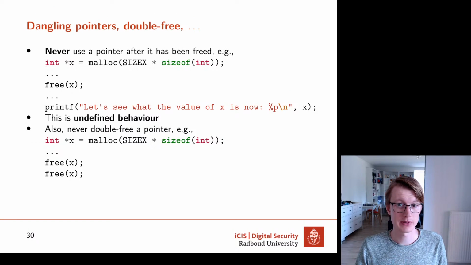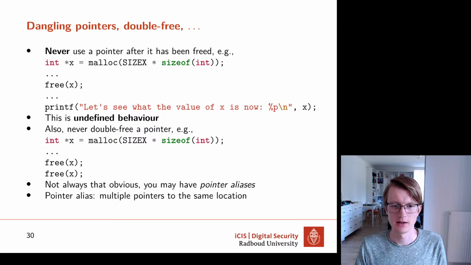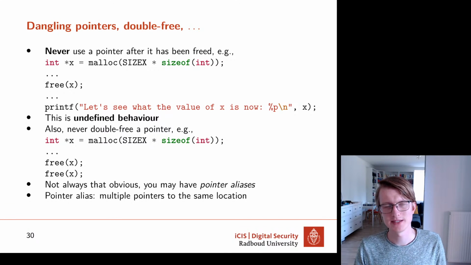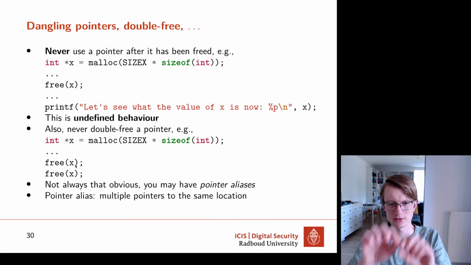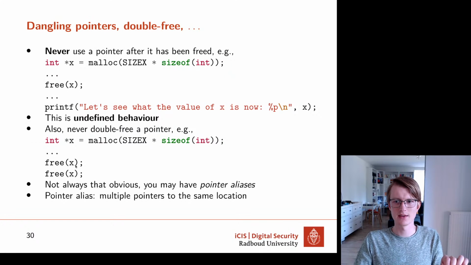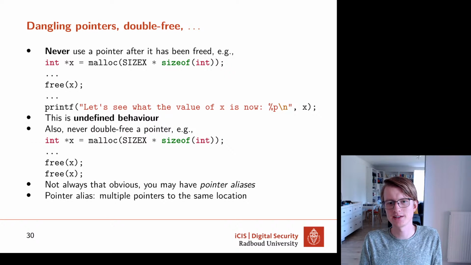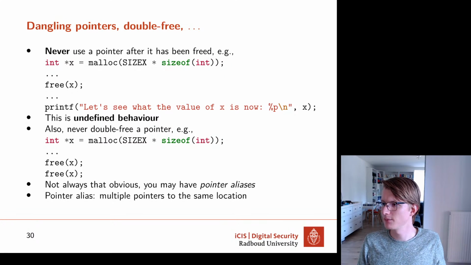And indeed, people apparently manage to use this type of behavior to hack programs. The annoying bit here is that if you make a copy of X somewhere and give it to different functions, then it's very hard to reconcile which of those two functions is supposed to take care of freeing the memory in the end. That can be very messy.